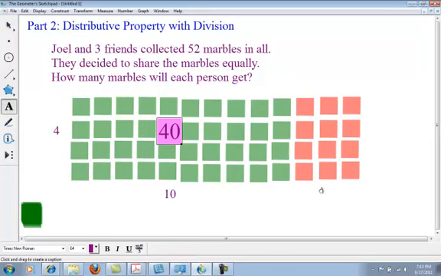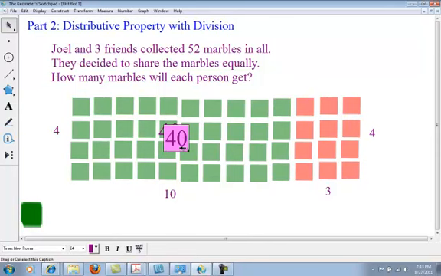And over here, I've got 4 rows. I can shrink that down. And I have got 3 in each row. So the dimensions of my small red array is 4 by 3. Now I know that if I have 4 rows with 3 in each row, that's going to give me 12.